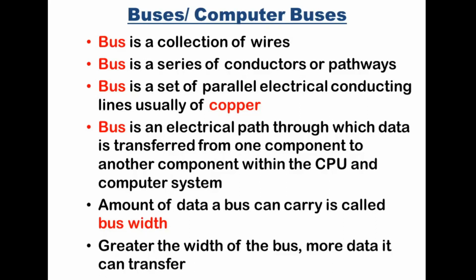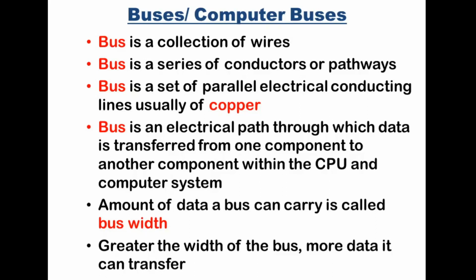Then bus establishes that connection, and one computer bus contains many electrical paths or many electrical wires, usually made up of copper, and data and instructions are transferred with the help of those electrical paths and those pathways from one component to another.